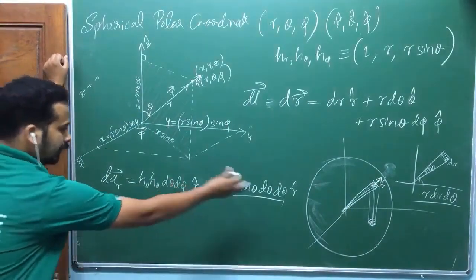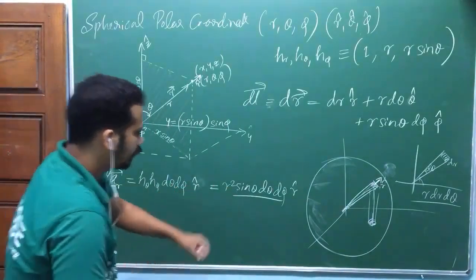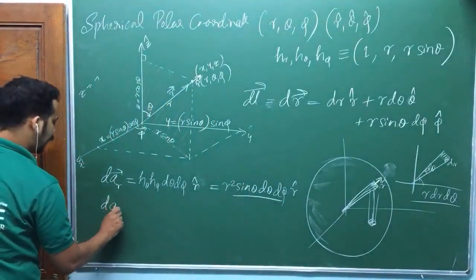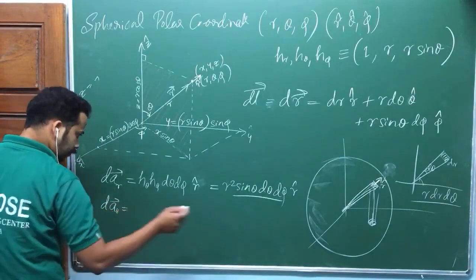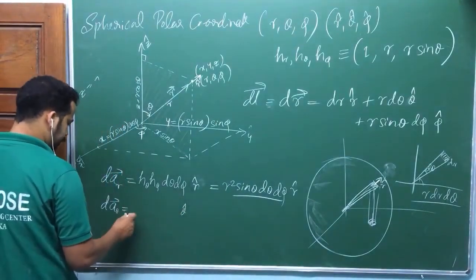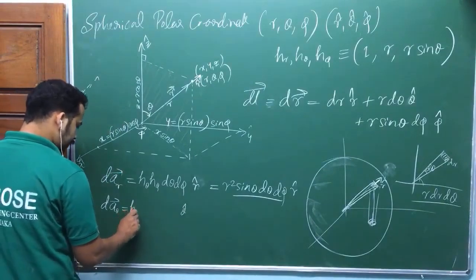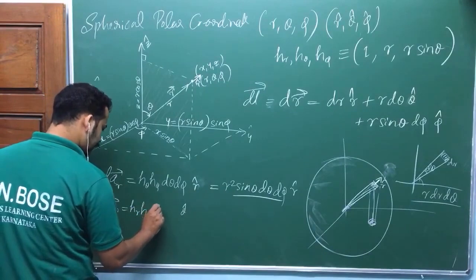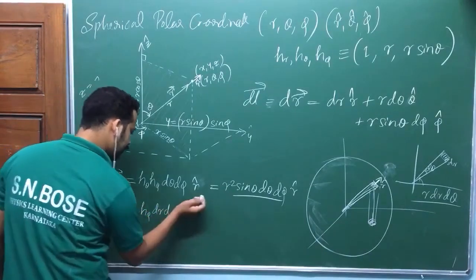Anyway, for the application part, even if you remember, you can apply that, okay? Similarly, you can define dA theta. Now, one of you quickly tell me, what is this one? It is along the theta cap. Speak out. It is h r, h phi: dr d phi into theta cap.